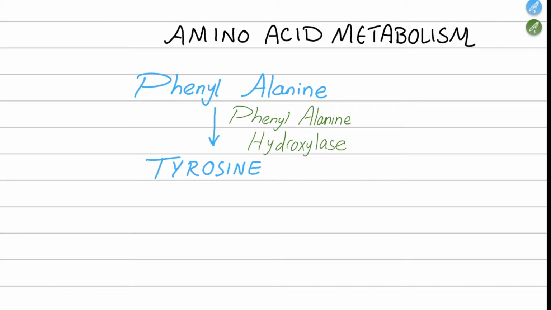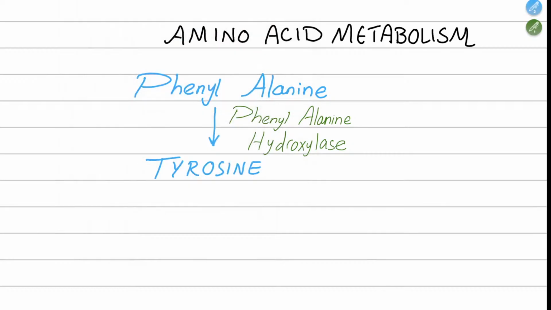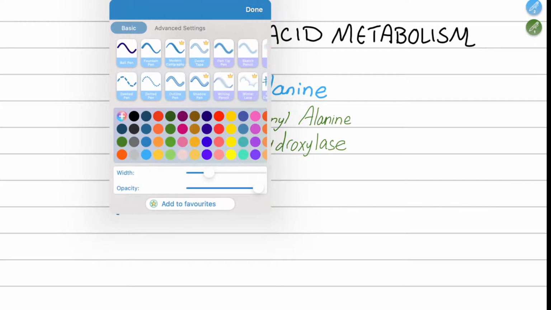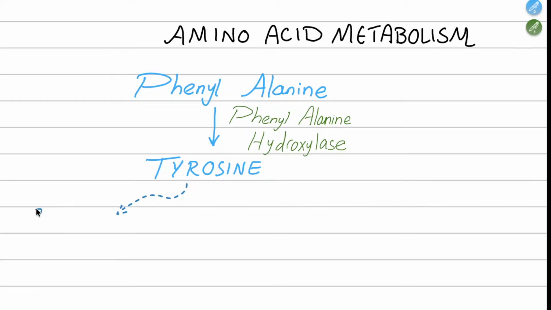So phenylalanine converts into tyrosine. Now, a possibility is that this tyrosine can go on and make catecholamines, but we're not here to discuss that possibility.